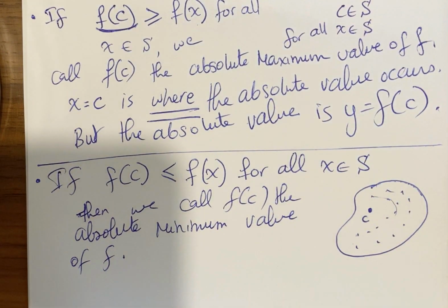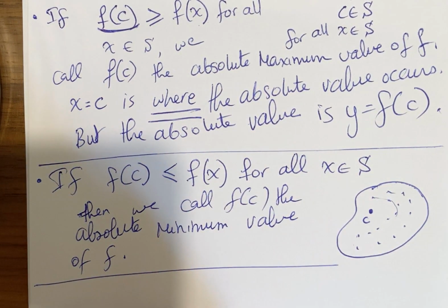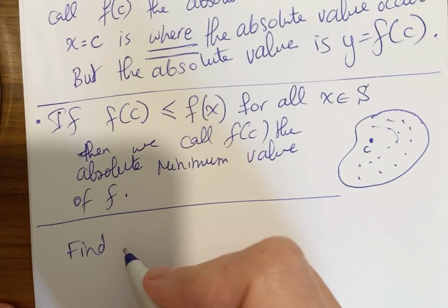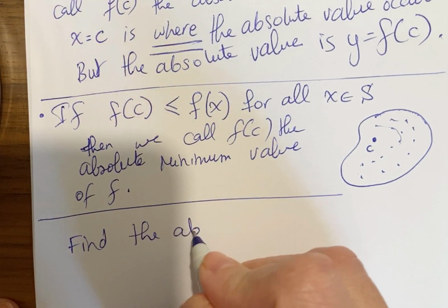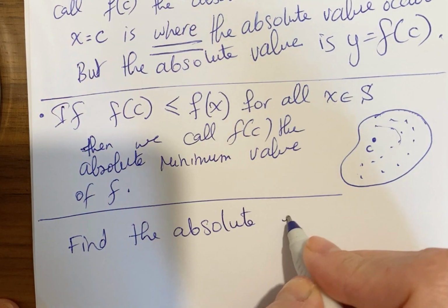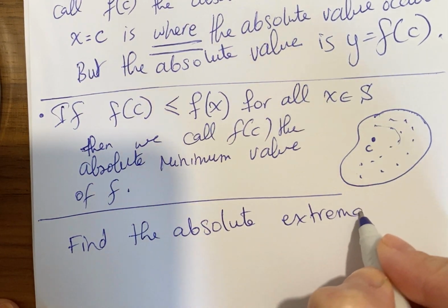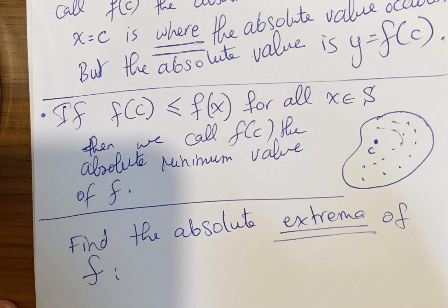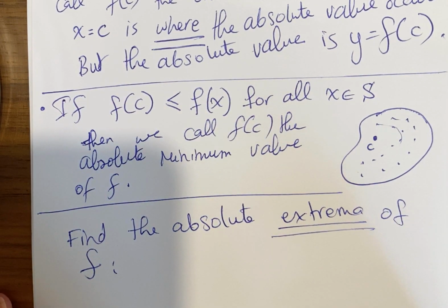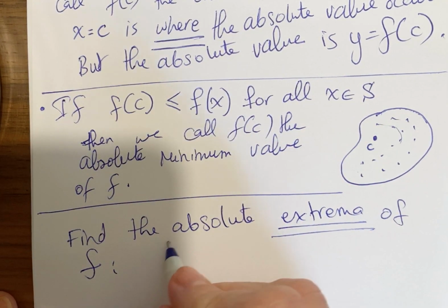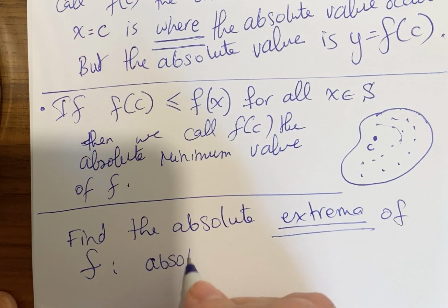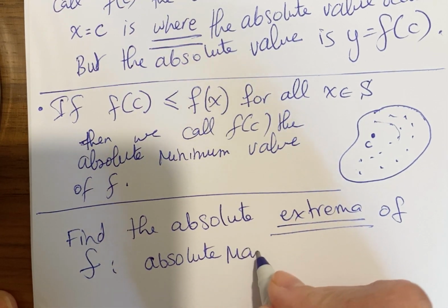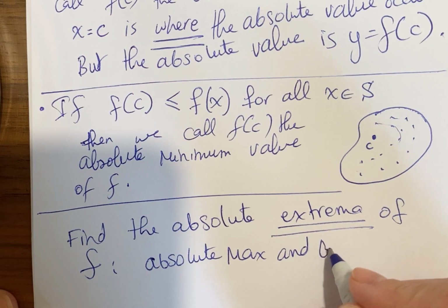These are what the definitions are. Both together, if I say find the absolute extrema of f, extrema comes from extreme values, all right? Then I will be asking for both absolute max and absolute min.